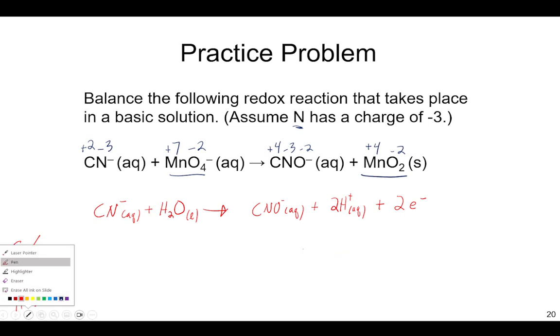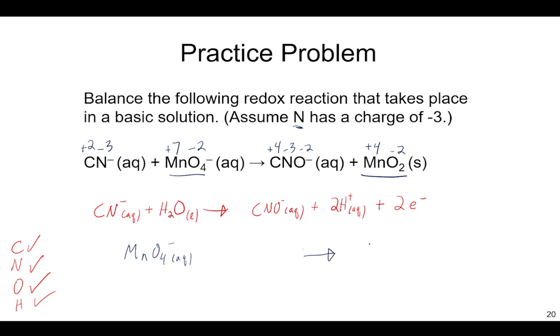Let's go through now and balance the reduction half reaction. MnO4- going to MnO2 solid.